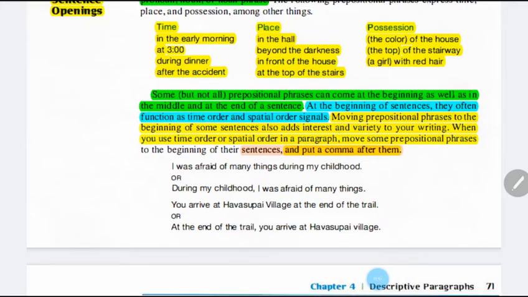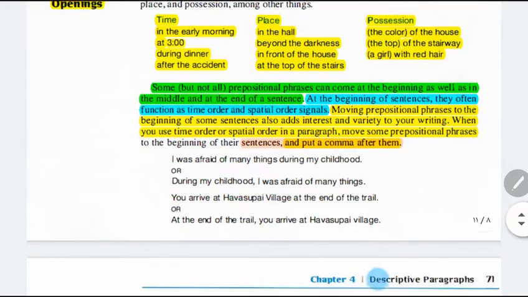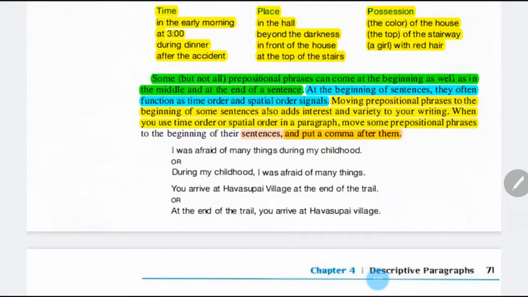At the beginning of a sentence, they often function as time order and spatial order signals. When we use them at the beginning of a sentence, they function as time order or spatial order signals. And why is it important to move these prepositional phrases to the beginning of the sentence?